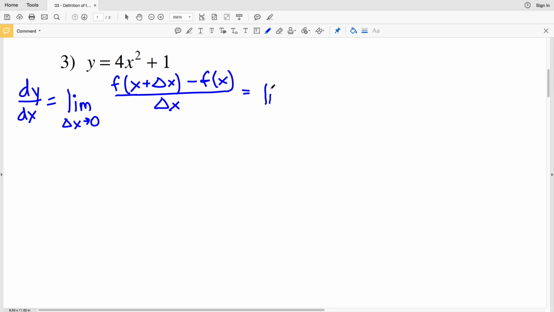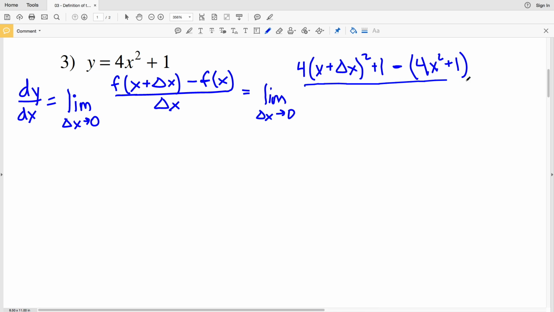So this is going to be the limit as delta x approaches 0 of 4 times x plus delta x squared plus 1, that is f of x plus delta x, and I'm subtracting f of x, which is 4x squared plus 1. And this is all over delta x.